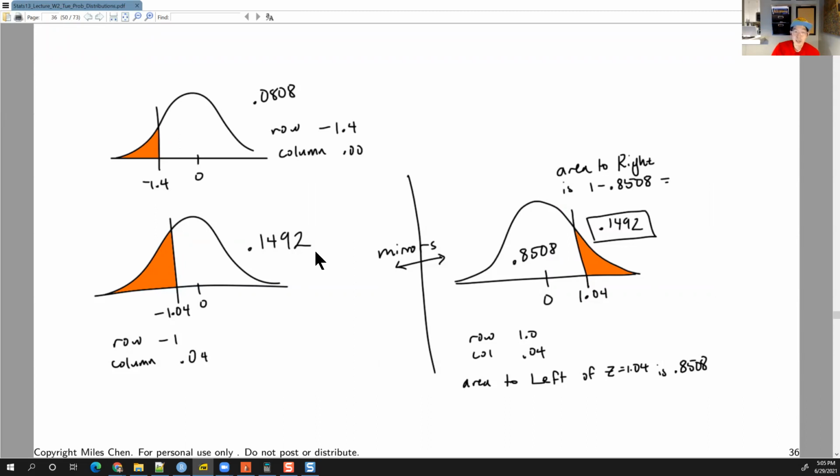And when we ask basically the same question, what's the area to the right of positive 1.04, these images are mirror images of each other. Here we're looking for the area to the left of negative 1.04. Here we're looking for the area to the right of positive 1.04. So if you flip the mirror around, you can see this is the same area, and we're going to get the same answer, 0.1492.